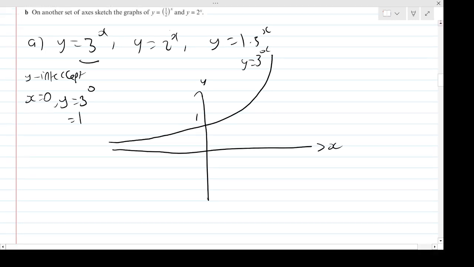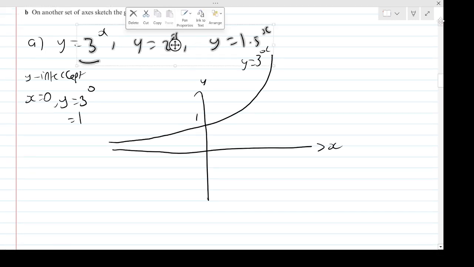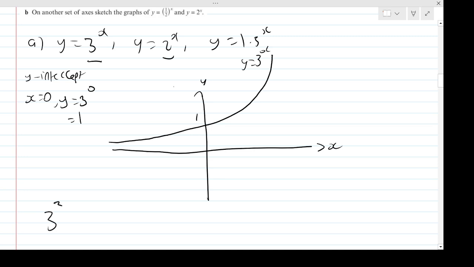Okay, now we've got to plot 2 to the x. Now, 2 to the x compared to 3 to the x, 2 is smaller than 3, which means the graph of 2 to the x will rise more gradually than 3 to the x, okay? For example, 3 cubed is bigger than 2 cubed, right? The same power of 3, the bigger base means it will just rise and be bigger in general.